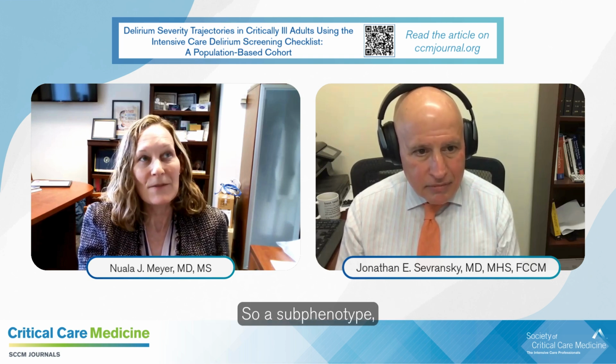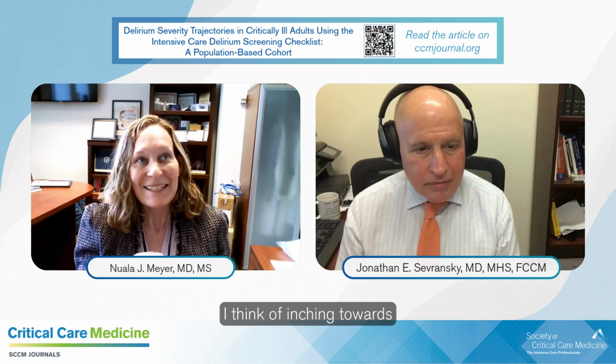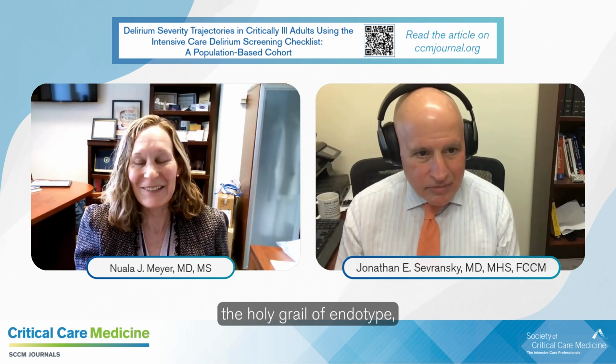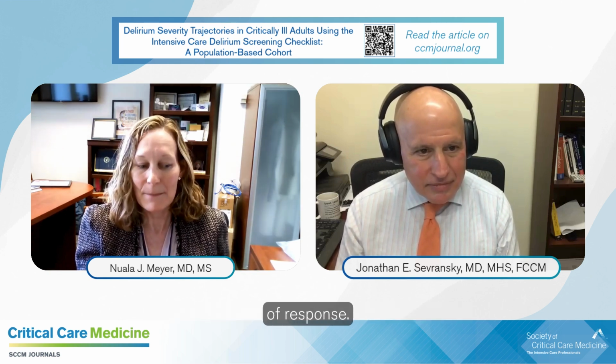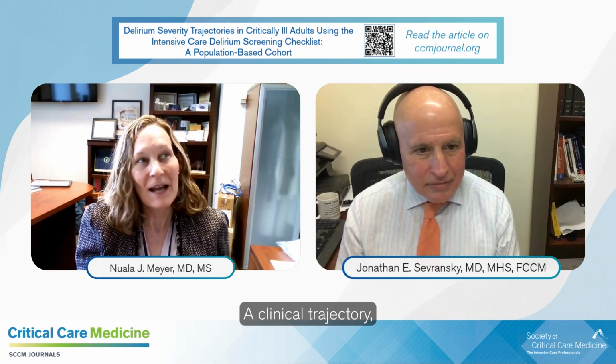So a subphenotype, I think of inching towards the holy grail of endotype, which is maybe a biologically determined pattern of response. A clinical trajectory, I'm really thinking more about how someone is behaving over time. So the time factor really is important.